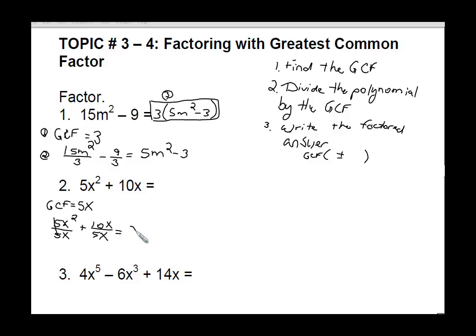X squared over x is x. 10 divided by 5 is 2, so we have plus 2. And then x divided by x is 1. So for the final answer, you can't forget the greatest common factor. Be sure you put the 5x in front. And then you put what you got when you did your division, x plus 2, in parentheses. And that's your answer.